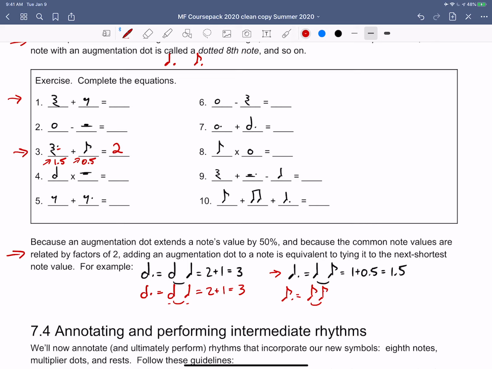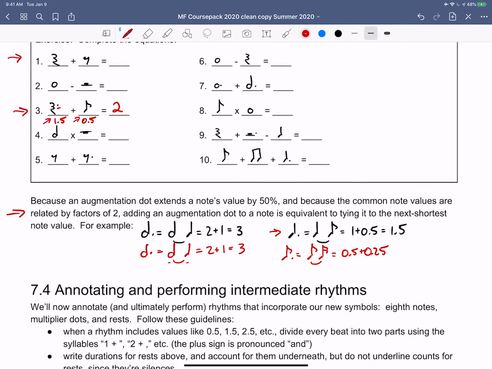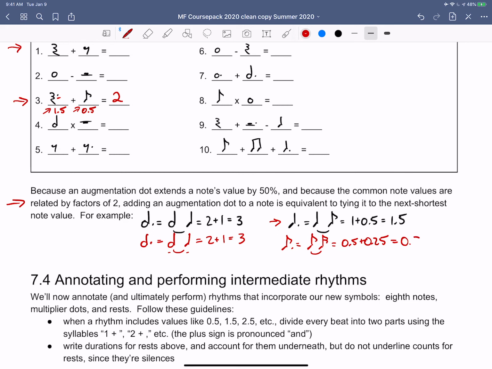So it's also equivalent to 0.5 plus 0.25. Again, 0.25 is the value of the 16th note, as you'll learn in a few chapters, and that still gives you that same answer of 0.75. So that's just another way of looking at your augmentation dot, considering it as kind of like a tie.